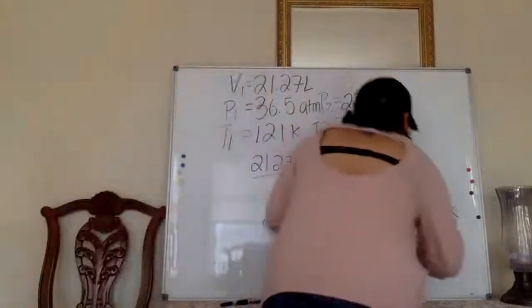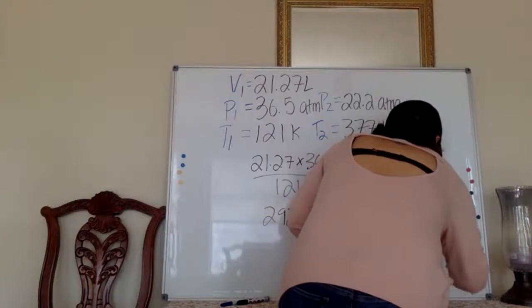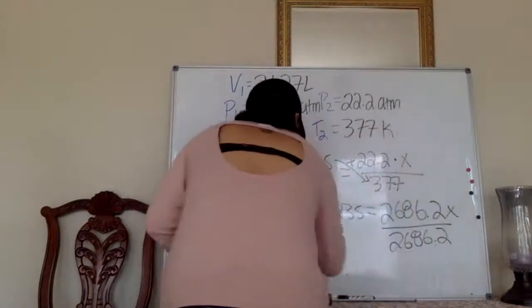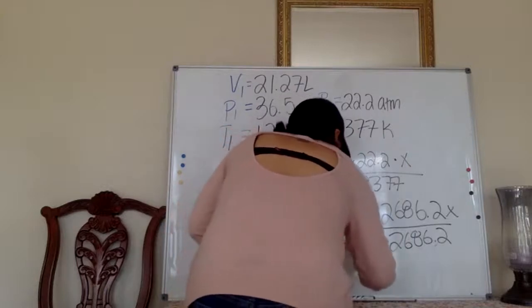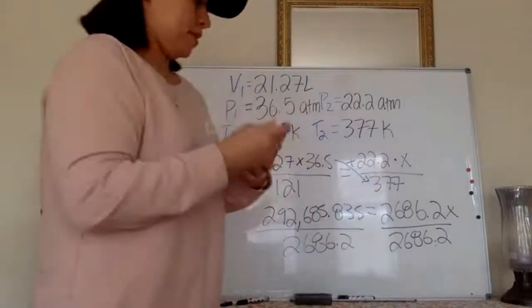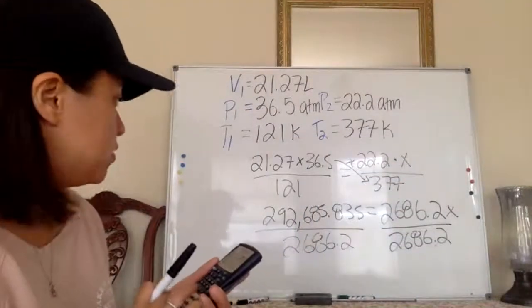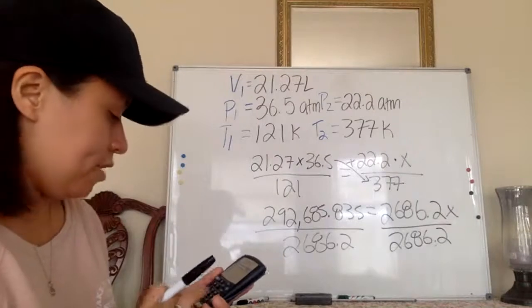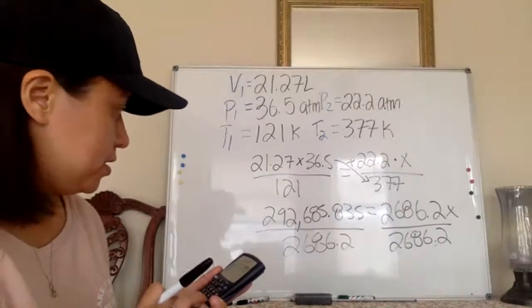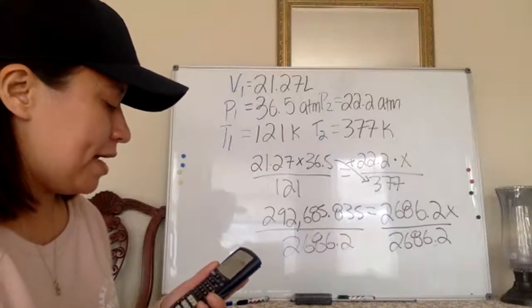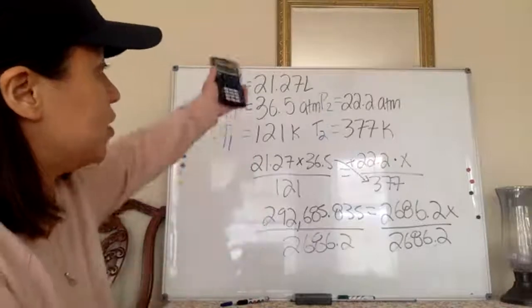You're going to divide 2,686.2 to both sides. So if you look, it's 292,685.835 divided by 2,686.2. I got 108.959063.